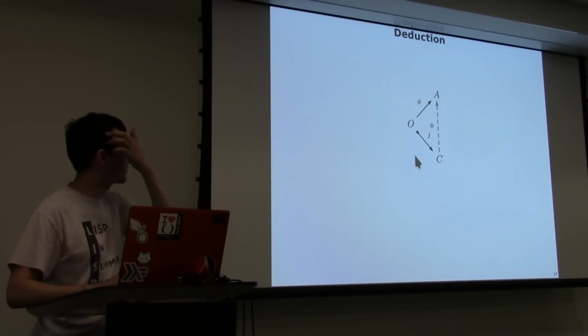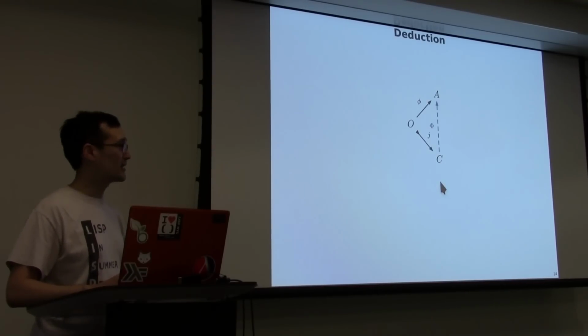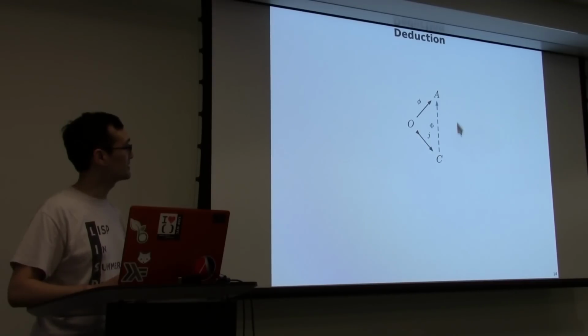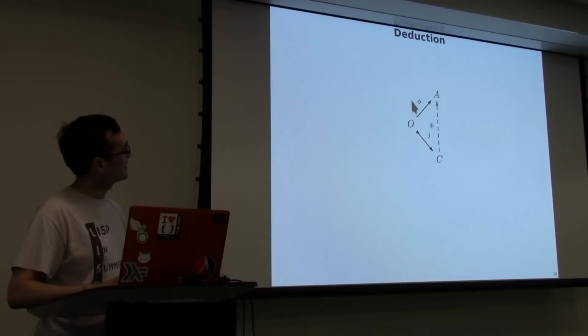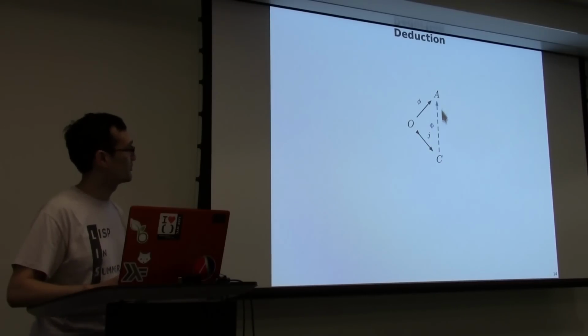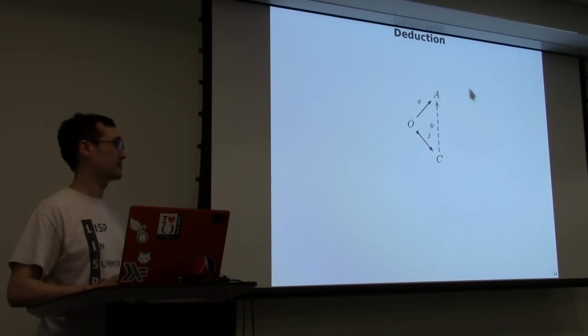So when you see something with some black and some blue, it means if we have all the stuff in black, then with this rule we can deduce the stuff in blue. So this means here, if I have an abstract category A and a concrete category C and a subset O of C with an injection J and a functor phi from O to A, then I have this partial functor big phi from C to A.